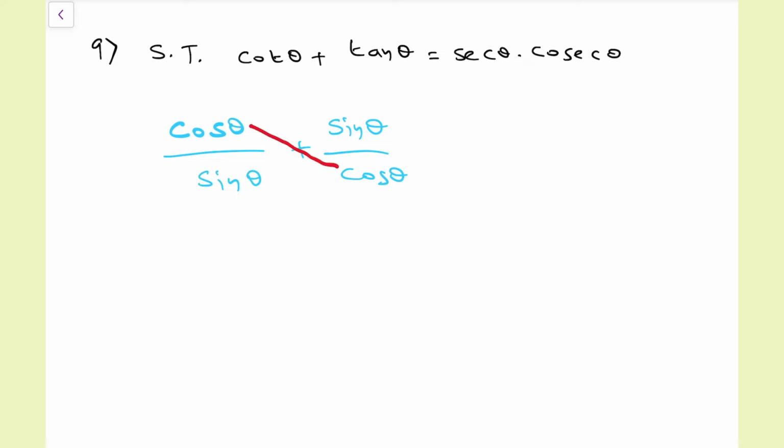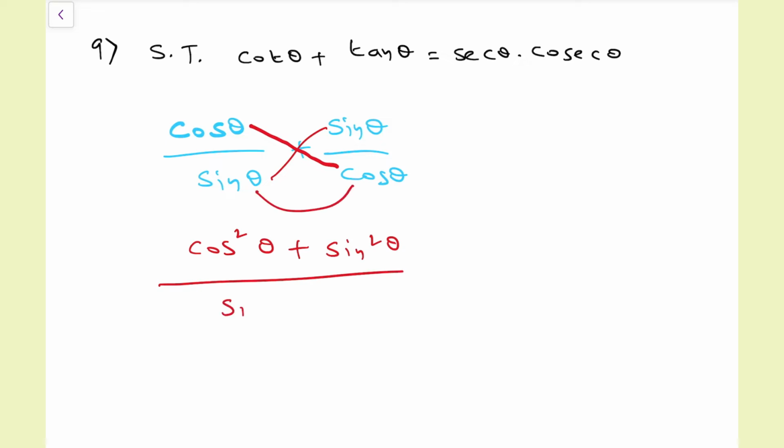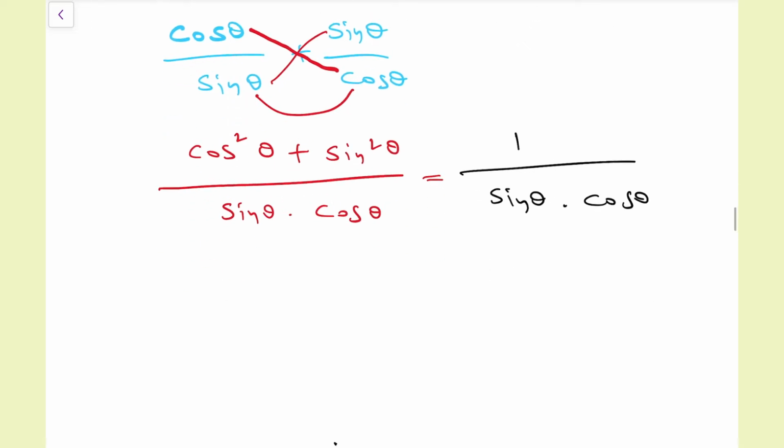Cos theta into cos theta, cos square theta, plus sin theta into sin theta, sin square theta, whole divided by sin theta into cos theta. Already we know the identity, cos square theta plus sin square theta is 1, divided by sin theta cos theta as it is. Now I will separate this as 1 by sin theta into 1 by cos theta.